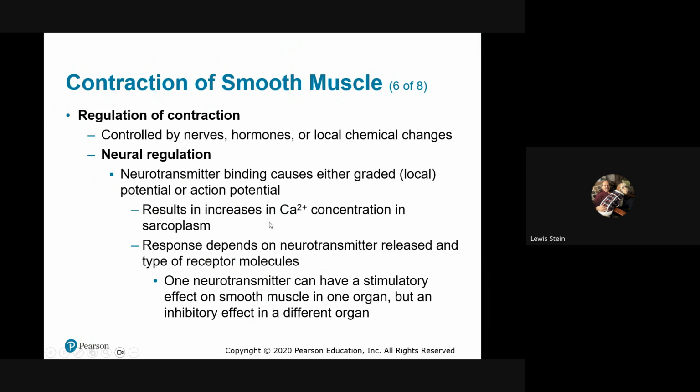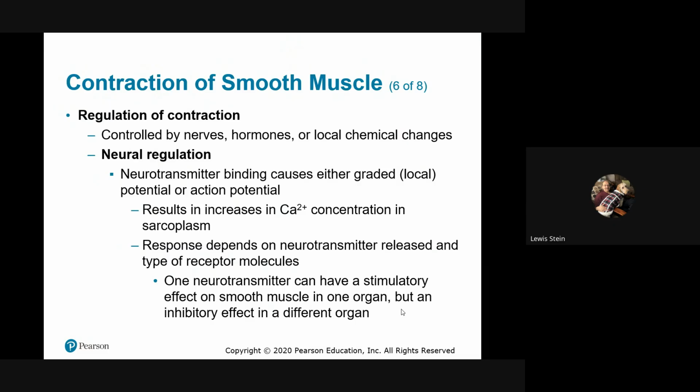Neurotransmitter increases the calcium concentration, depending on the neurotransmitter. And this is the idea. When we start looking at controls by the autonomic nervous system, sometimes they're excitatory, sometimes they're inhibitory. They'll either make it contract or make it relax, more likely or less likely. So the nuances, I love teaching autonomic nervous system.